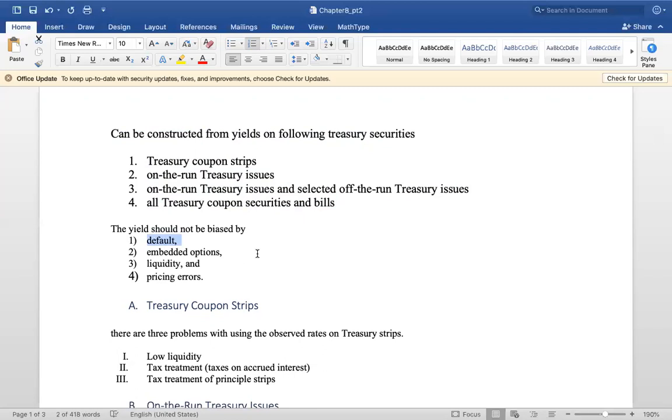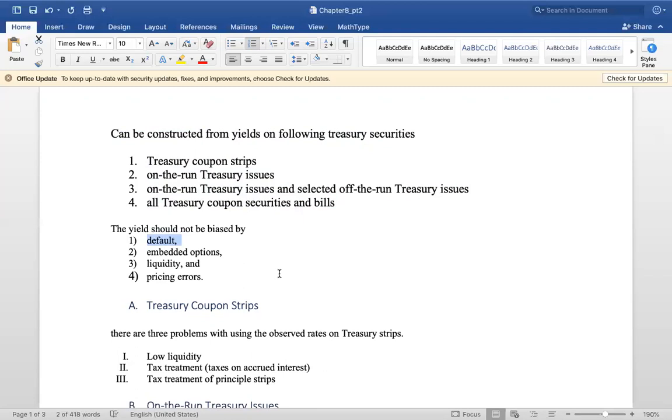To deal with default, as we have already seen, we are using treasury securities. Issues with embedded options are avoided because market yield reflects the value of those embedded options, so there is no point in including them.